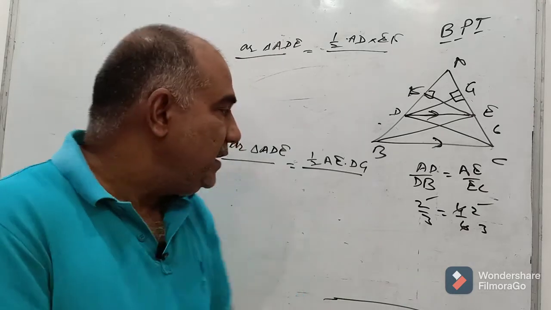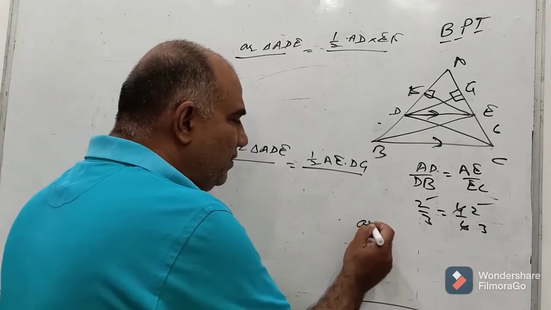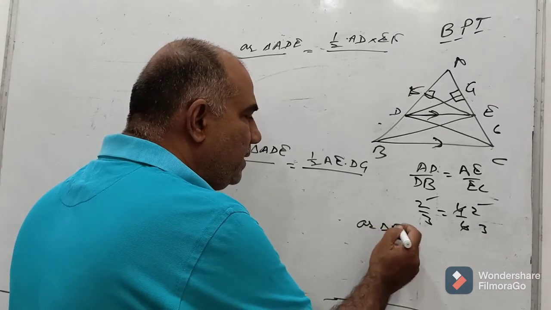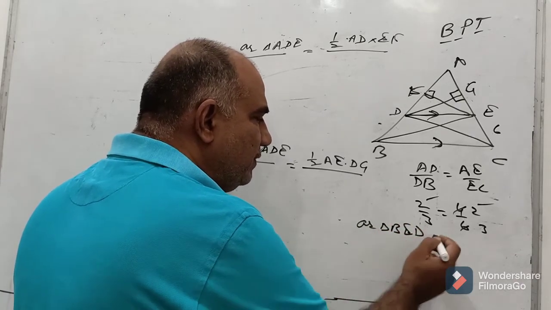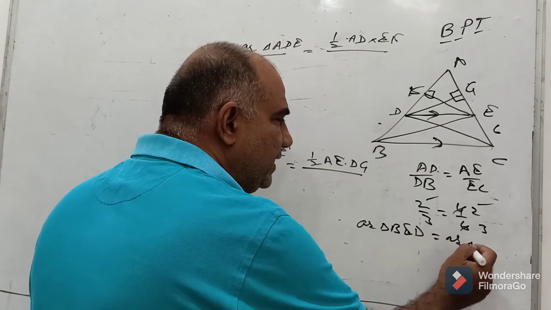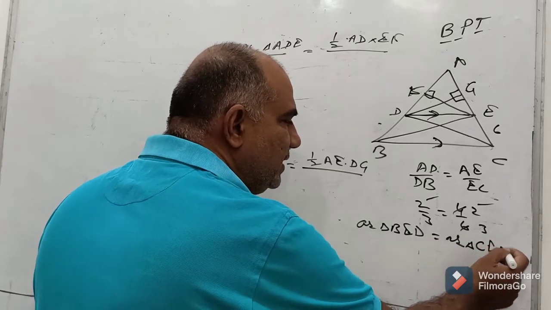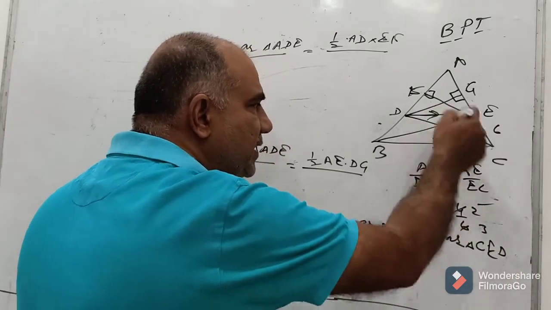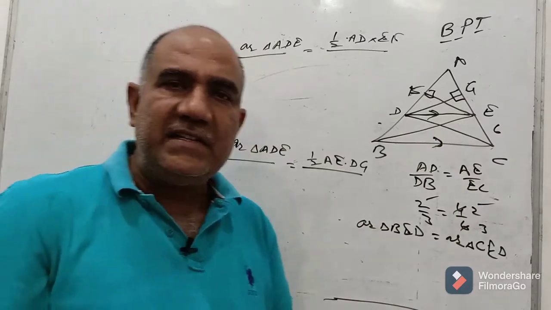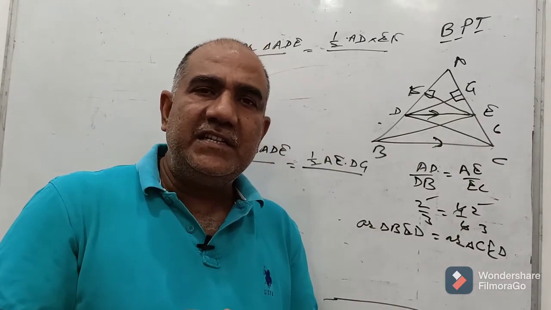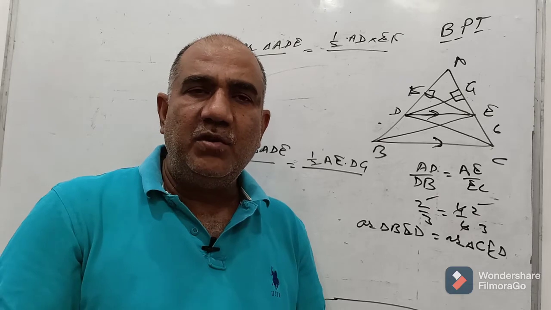So we can write area of triangle BED will be equal to area of triangle CED, and the reason I have given is that they are on the same base and situated between the same parallel lines. So area is the same.